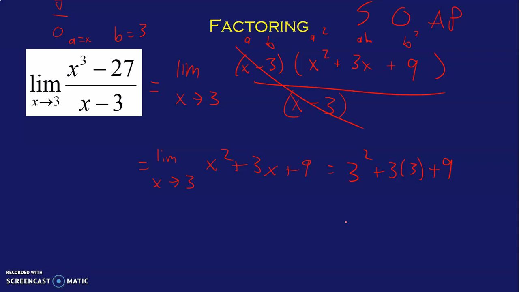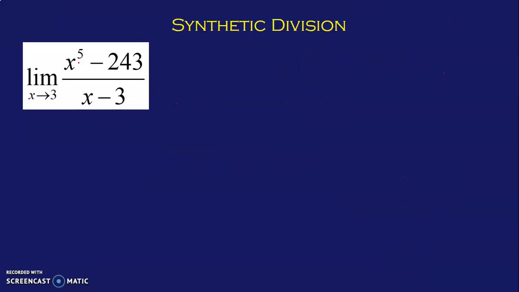If I was on the free response portion of the AP exam, I would just box it right here because this is the right answer. 3 squared is 9, 3 times 3 is 9, plus 9 is 27. If it was on the multiple choice portion, that would be the answer that would be on the multiple choice portion. So we need to be able to do both, but on the free response portion, you can stop at this step. All right. We don't have an easy way to factor x to the 5th power.